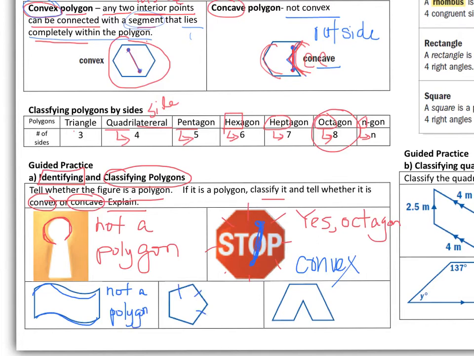And here we have 1, 2, 3, 5 segments. So we call this a pentagon with 5 sides. And it's, yes, a polygon.